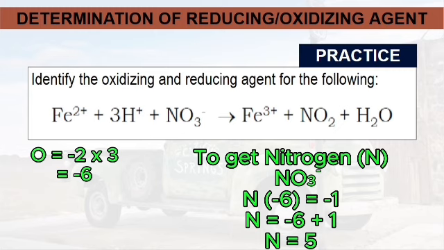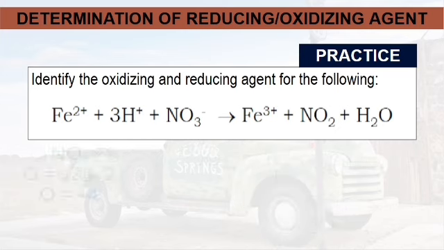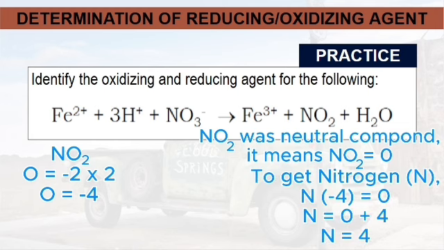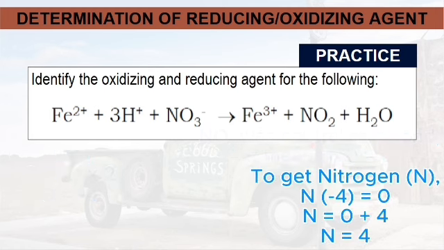Then the answer for N is positive 5. For NO2, O is negative 2 times 2, which gets negative 4. But NO2 is a neutral compound, so it becomes 0. To get N, nitrogen, negative 4 equals 0. N will become positive 4 to get 0.